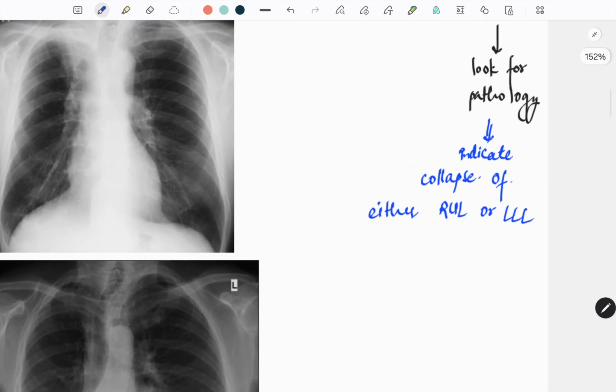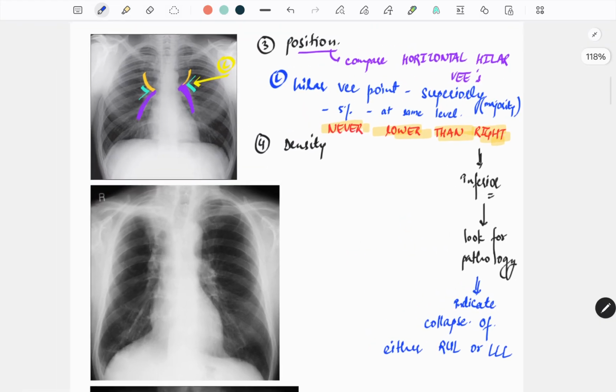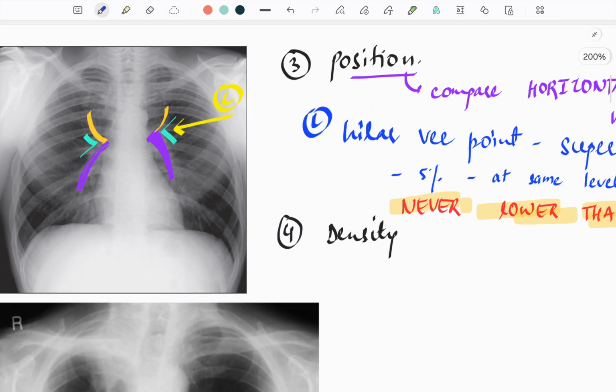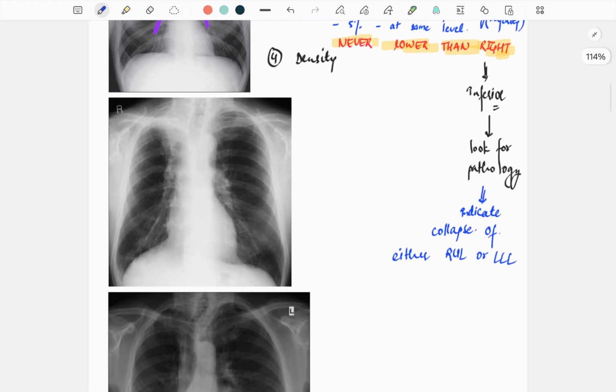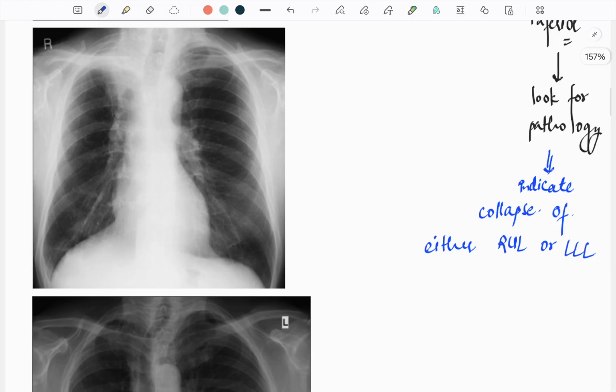We'll come to this point. The hilum has a propensity to migrate: whenever the lung is collapsed, it will attract the hilum along with it.